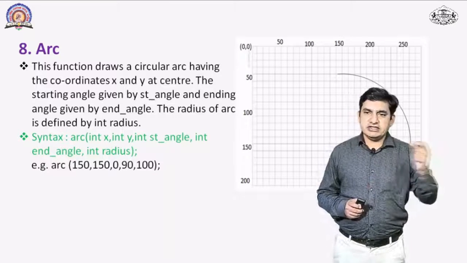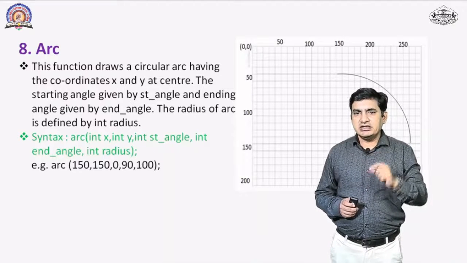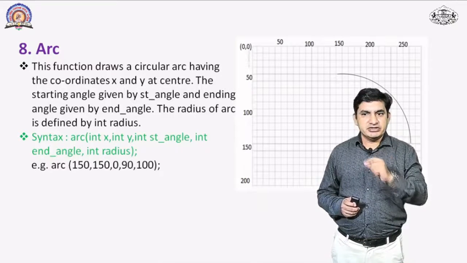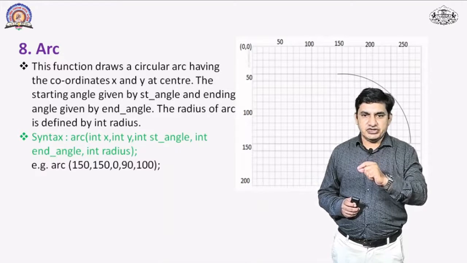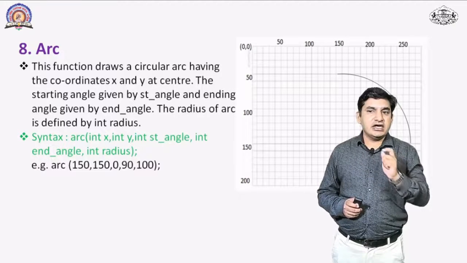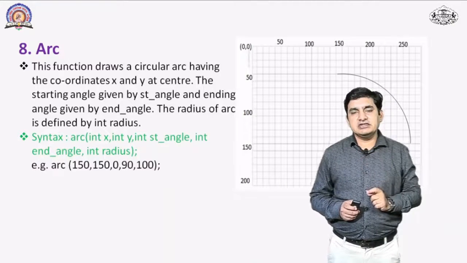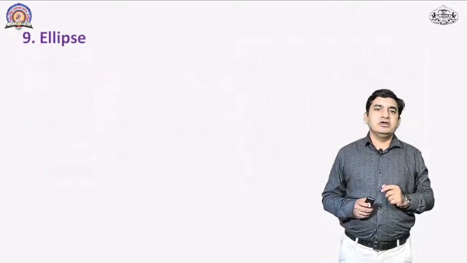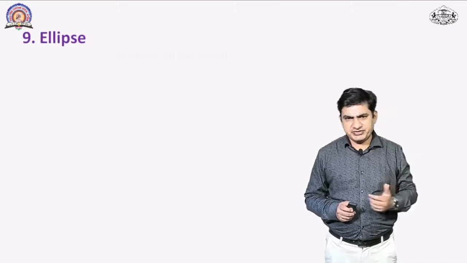It is shown like this. The center is 150, 150, starting angle is 0, it ends at 90 degrees, and the radius of this arc is 100.